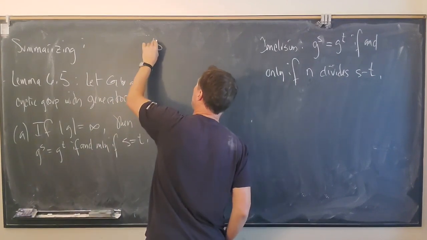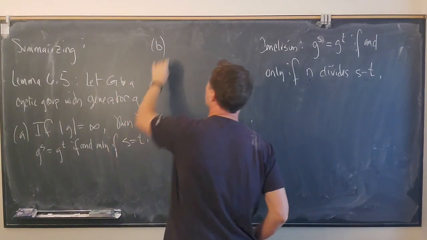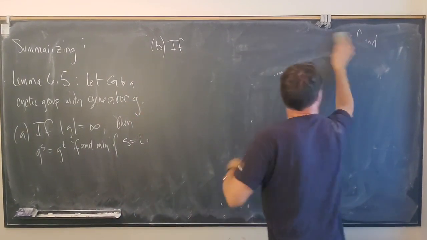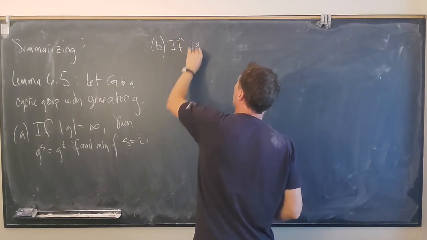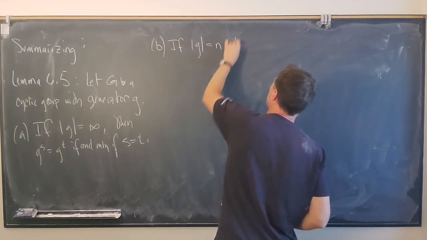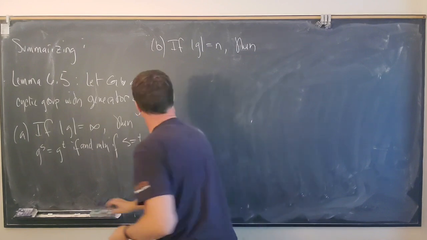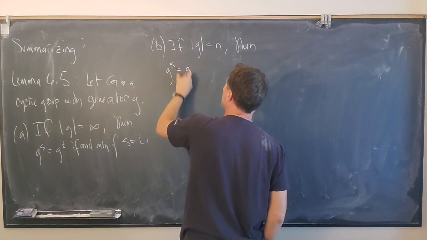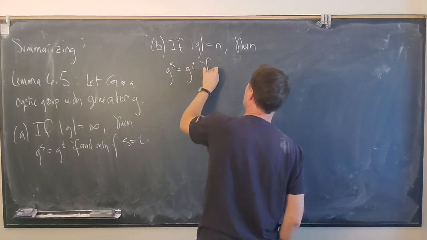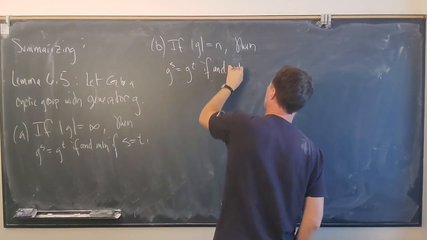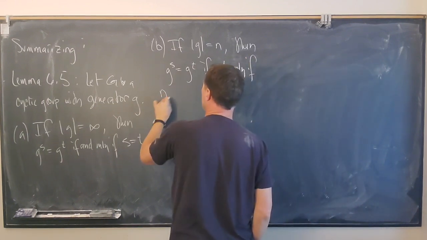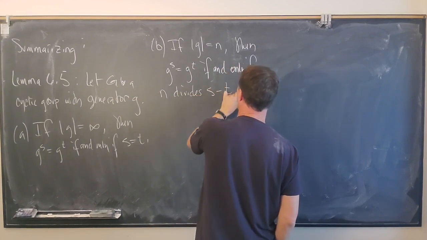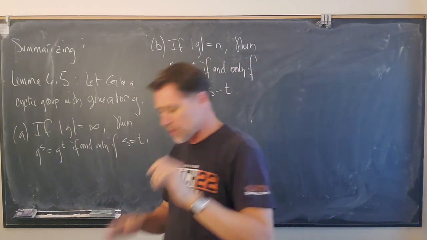Now for part B, if the order of g equals n, then g to the s equals g to the t if and only if n divides s minus t.